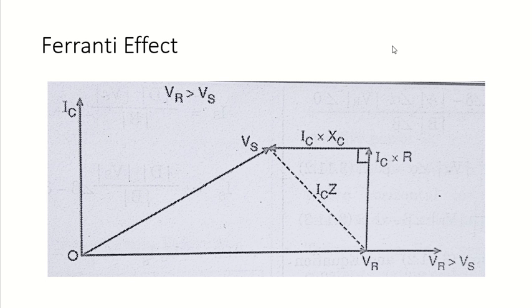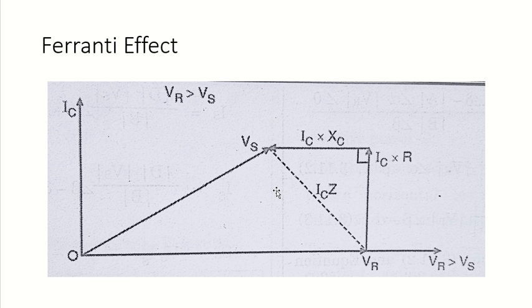Again, this IC R will be in phase with my current, and this IC XC will be 90 degrees shifted because of the capacitance effect, right? And as you can see, VS is less than VR here, because the receiving end voltage is greater than the sending end voltage, right? So that is your Ferranti effect.